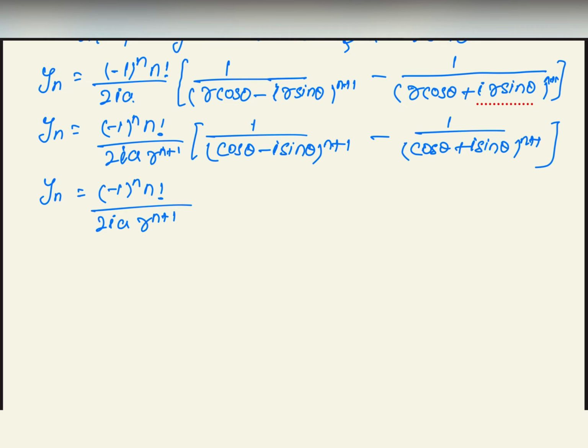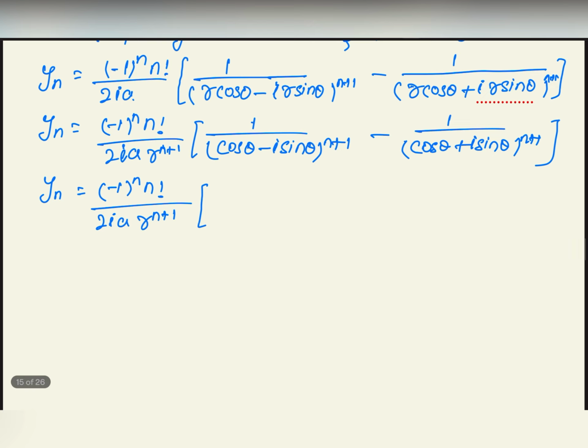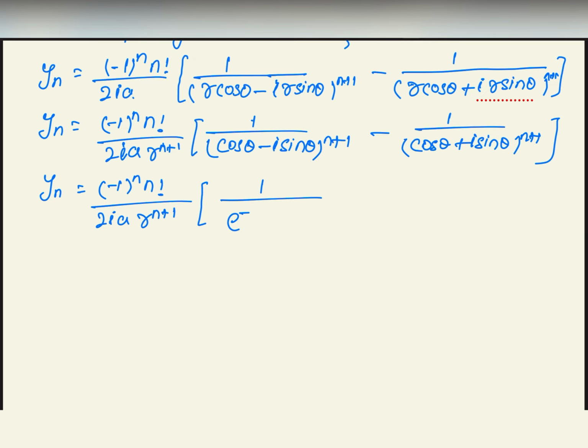So by we got the polar, as we have read in complex number, that is cos theta plus i sin theta is equals to e to the power i theta, and cos theta minus i sin theta is equals to e to the power minus i theta. So it is reduced to e to the power minus i n plus 1 theta.